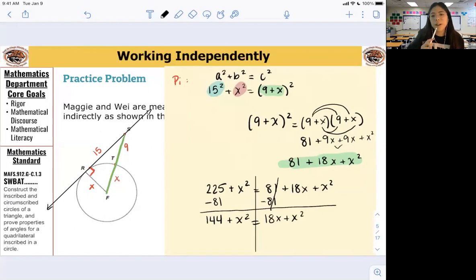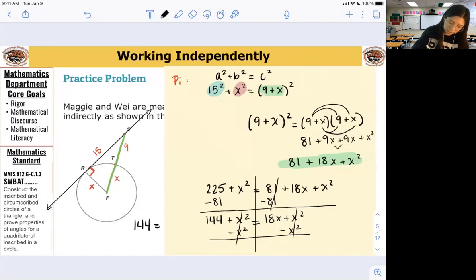Okay. Is there anything else that I can bring over to the other side? Good, Janelli said it. We're going to subtract x squared from both sides. But what happens? They cancel. So I'm left with 144 equals 18x.